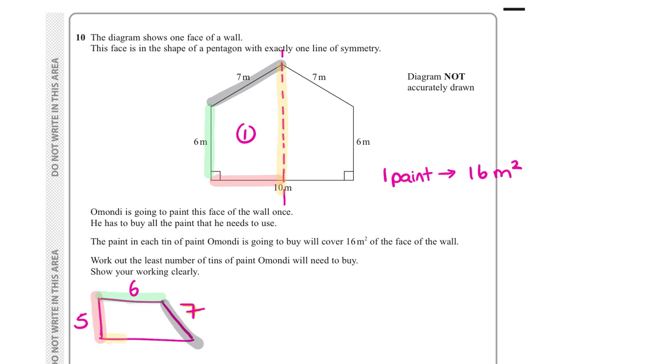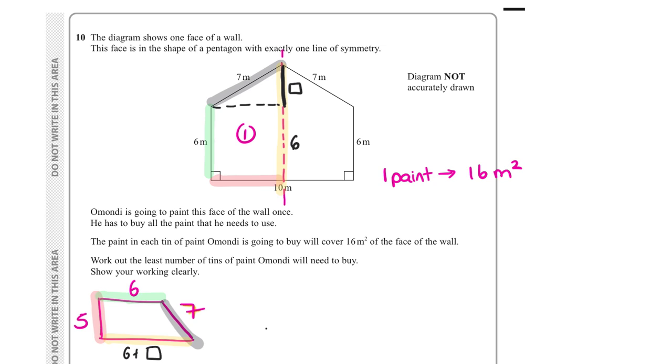Do we know what this is? No, we don't know what that is. We know, though, if we were to split this here, we know that this is 6, but we don't know what this height is. However, so this is 6 plus something, but we don't know what that something is.